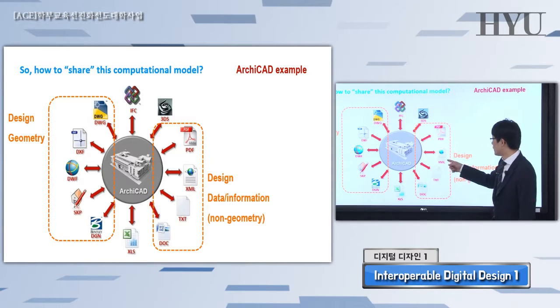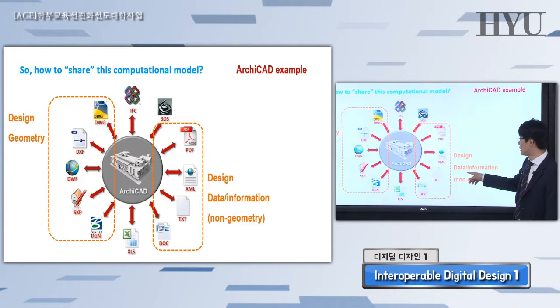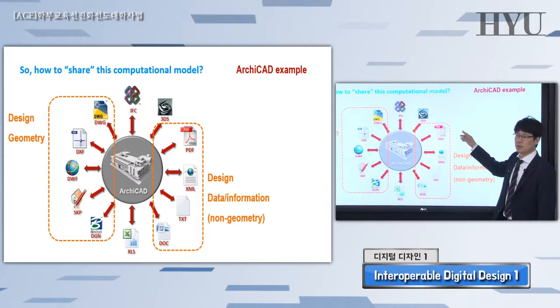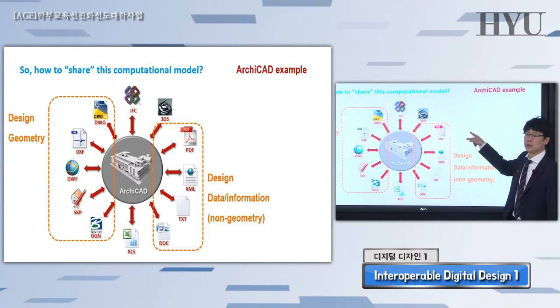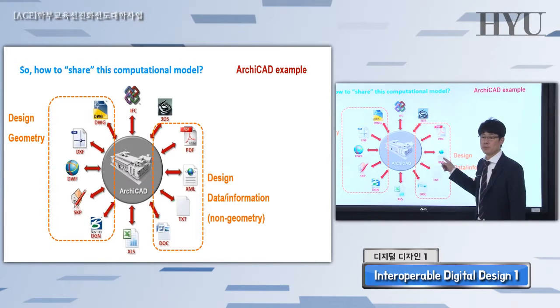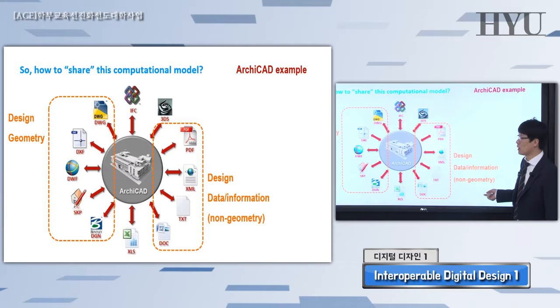Anyway, they are design data or design information, okay? This PDF file includes some quantity data or some material data and so on. They are usually non-geometry, or fixed bitmap image geometry, okay?